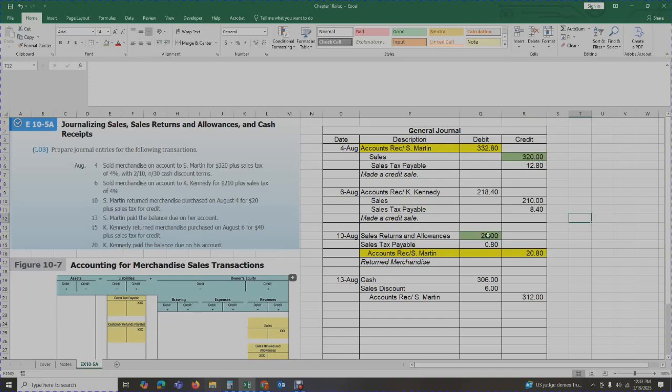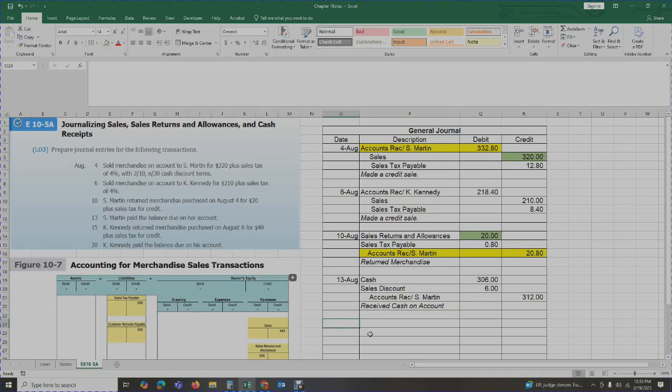That gives me $300. You multiply the $300 times the 2%, and that gives you the $6 discount. So on the 13th, we received cash on account. Martin paid off the balance due. At this point in time, Martin owes me nothing. Everything has been paid off for Martin.